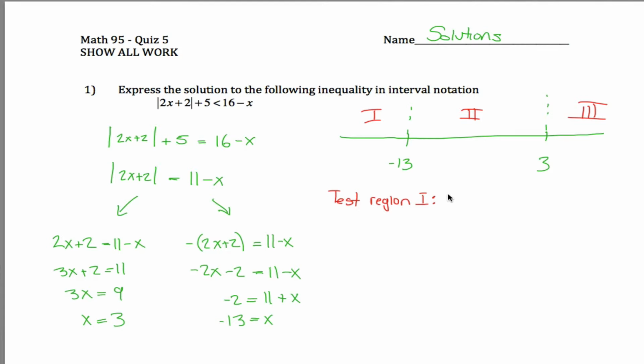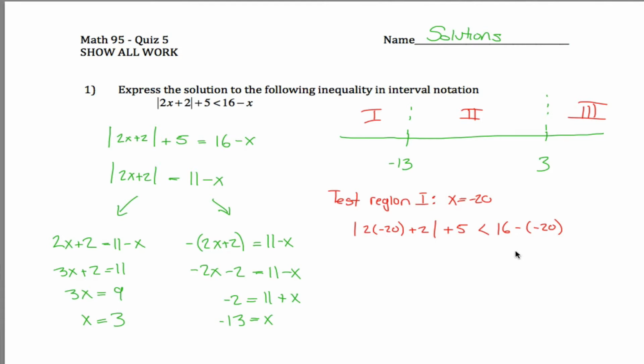Maybe I'll let x equal -20. All right, that's certainly less than -13. Let's see what happens. The absolute value of 2 times -20 plus 2 plus 5. We want to know, is that really less than 16 minus -20?